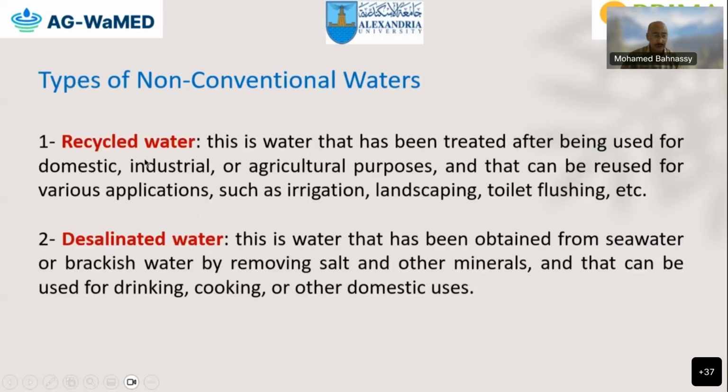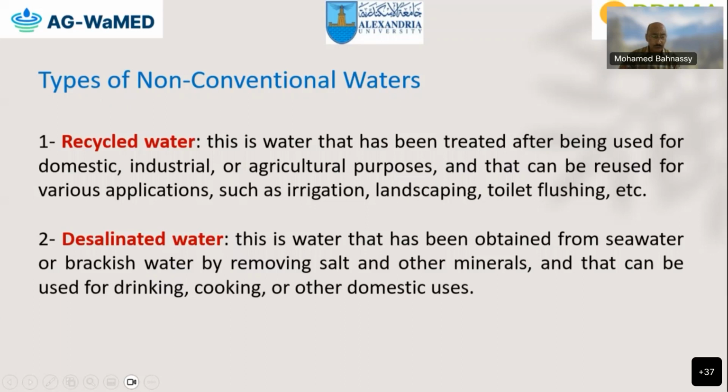Some examples of the main non-conventional waters are recycled water. These are waters that have been treated after being used for domestic, industrial, or agricultural purposes, and that can be reused for various applications, such as irrigation, landscaping, toilet flushing, etc.